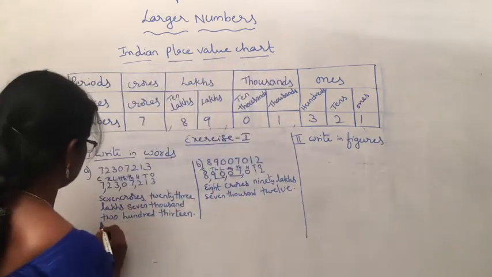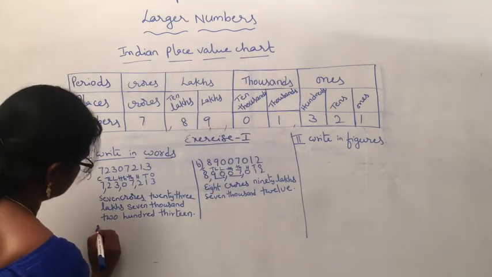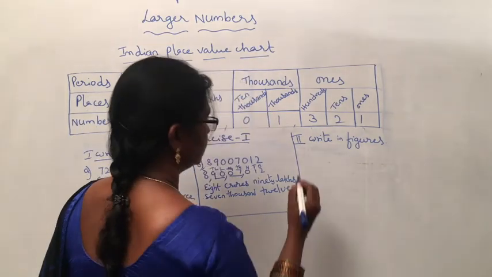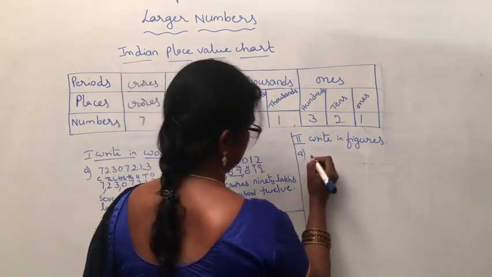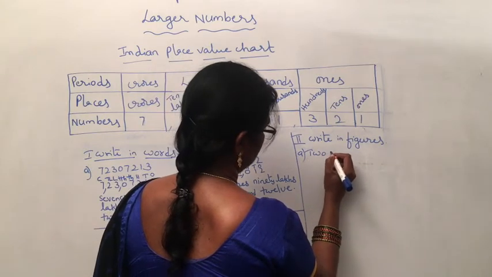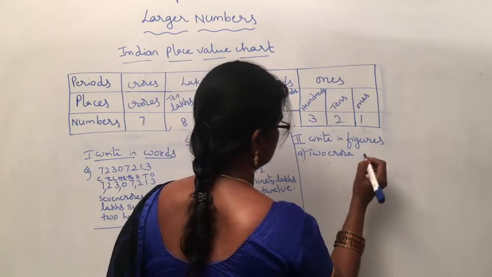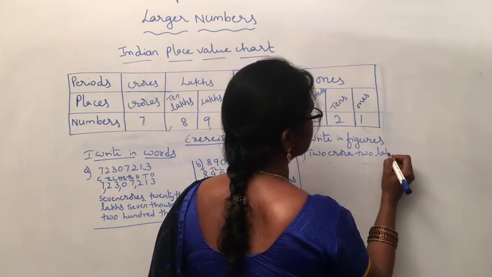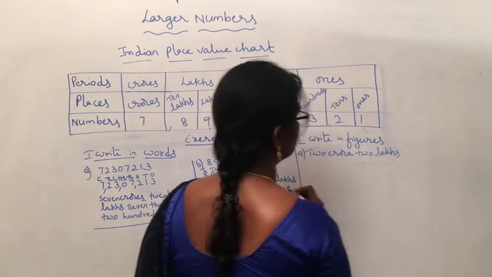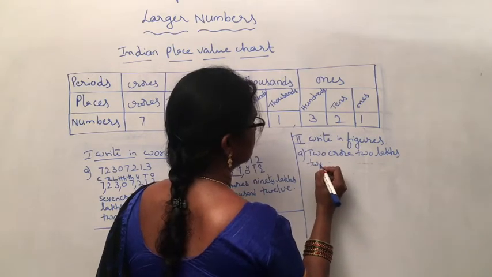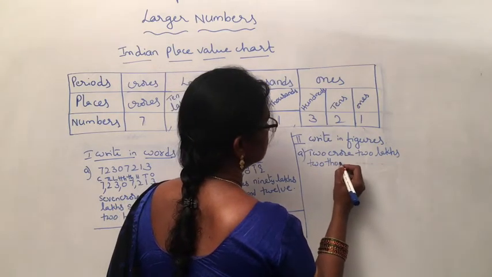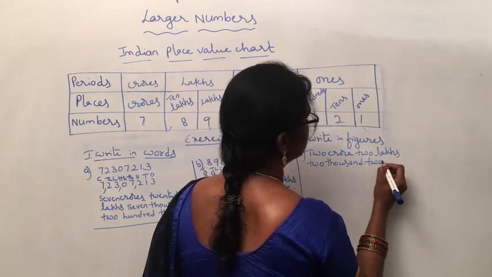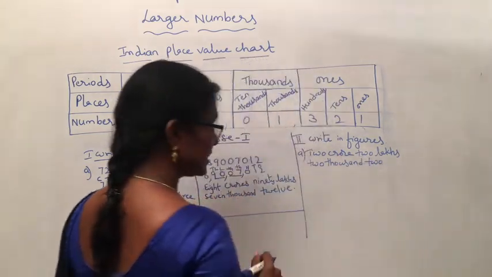Write in figures: two crore, 2 lakhs, 2,000, 2. 2 crore, 2 lakhs, 2,002.